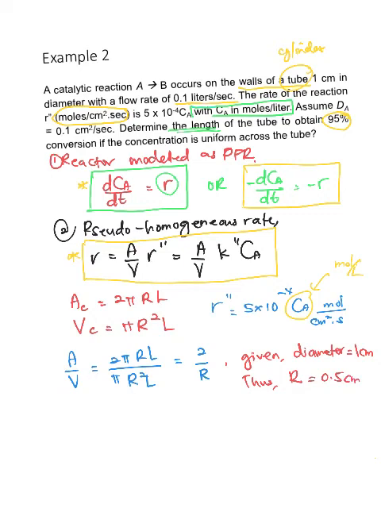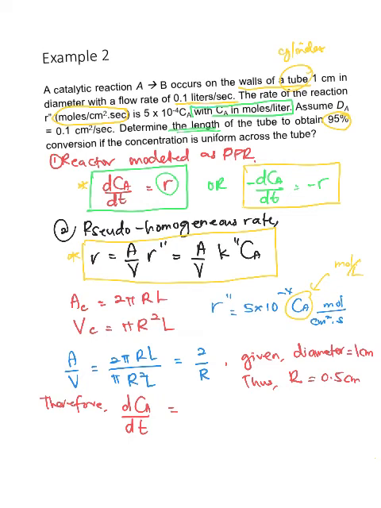Okay, therefore dCA per dt equal to A over V. So you can insert the equation that we already simplified.